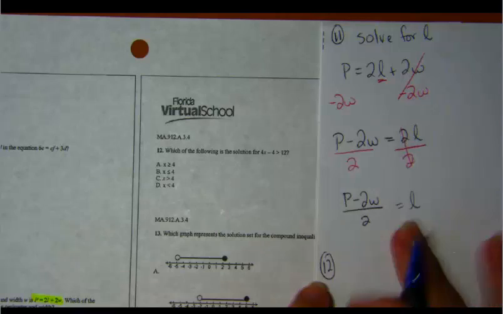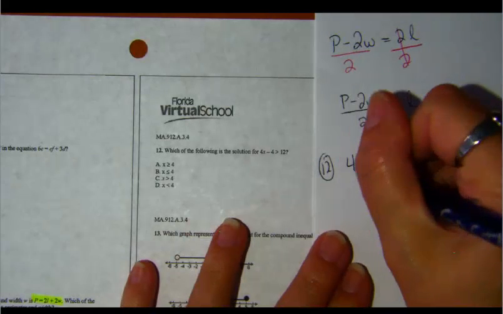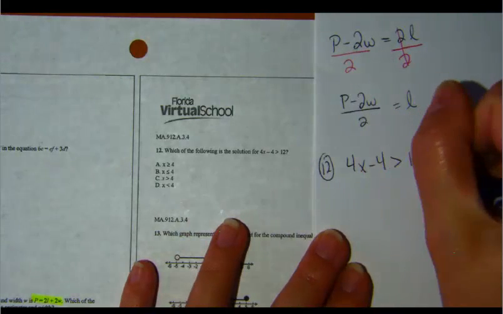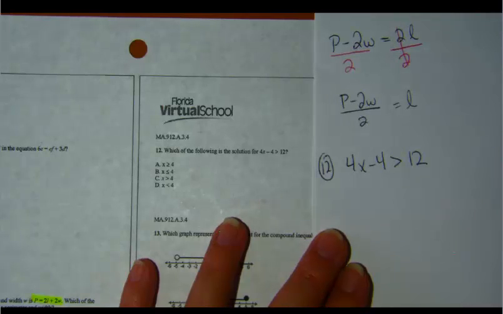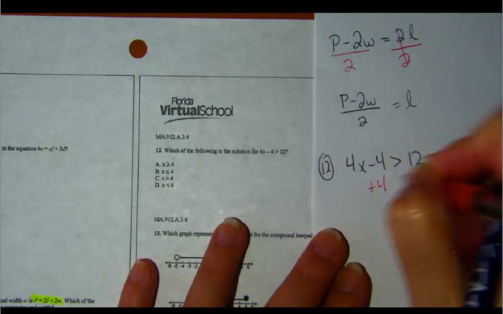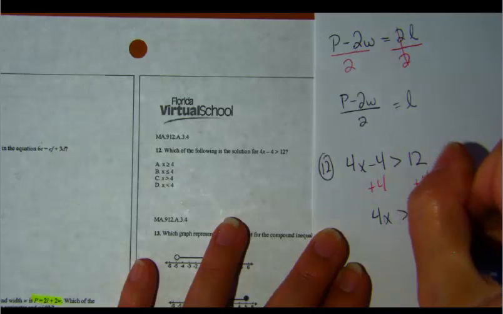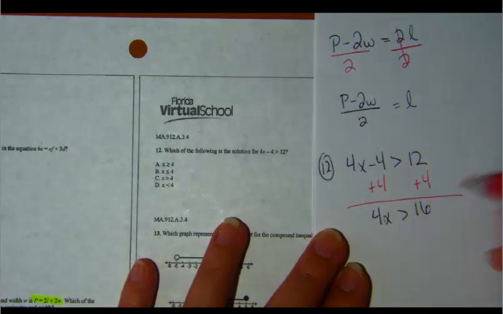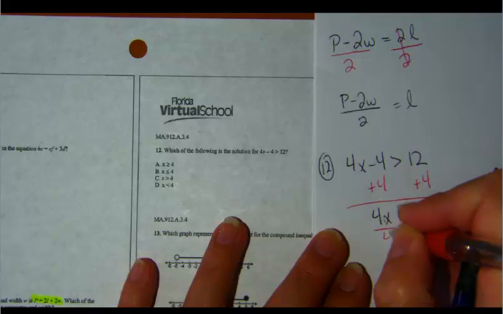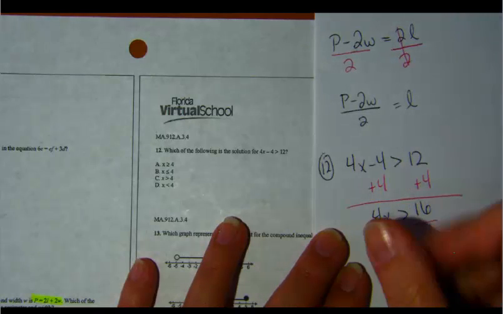Okay. Number 12, inequality. Exactly the same as a regular equation unless you multiply or divide by negative. That's the only thing that changes. So we're going to add 4 to both sides. I get 4x is greater than 16. Then divide by 4.